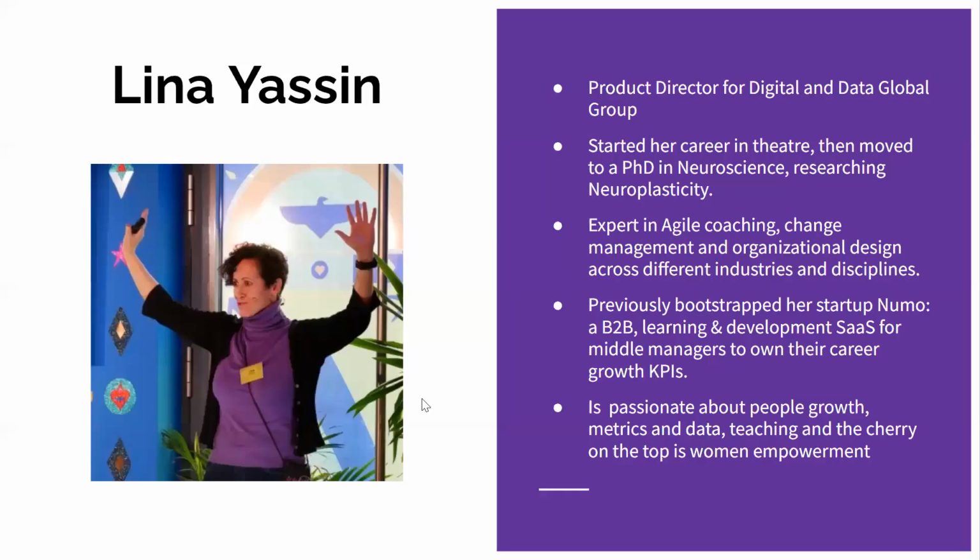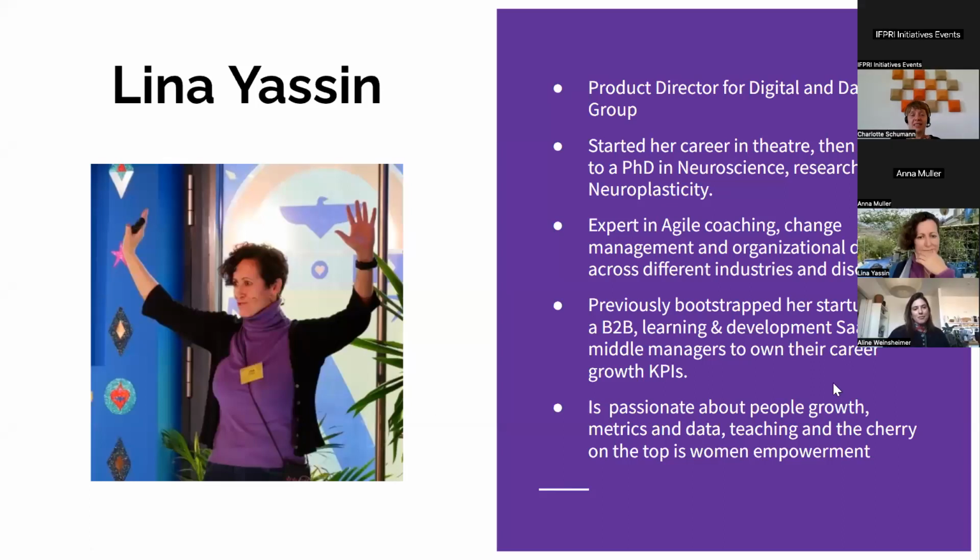Then, if there are no more questions, I'm very glad to be presenting Lina Yassin. She is Product Director for Digital and Data Global Group of the CGIAR. I hope you can see my screen. Yes. Lina started her career in theater and then moved to a PhD in neuroscience, researching neuroplasticity.